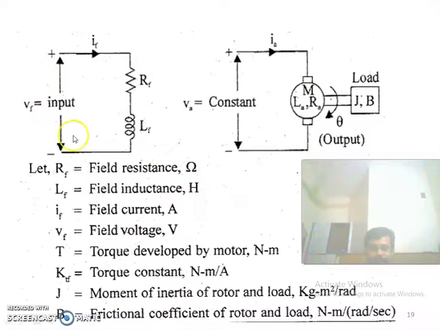So, this is the field circuit and IF is the field current, RF is the field resistance, LF is the field inductance and VF is the field voltage, and T is the torque developed by the motor, KTF is the torque constant, J is the moment of inertia of the rotor and the load, and B is the frictional coefficient of rotor and load.